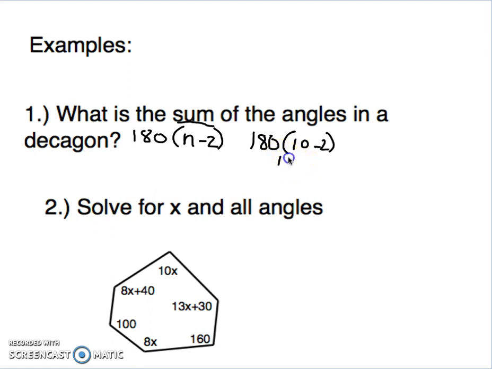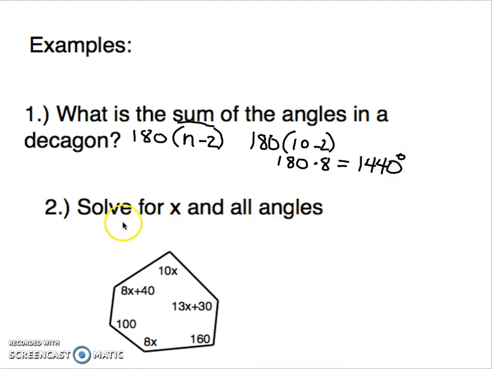And so we would have 180 times 8, because 10 minus 2 is 8. And that would equal 1,440 degrees. And that is the sum of our interior angles. So we know that the sum of our angles in a decagon would be 1,440 degrees.